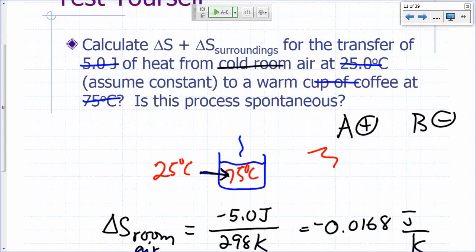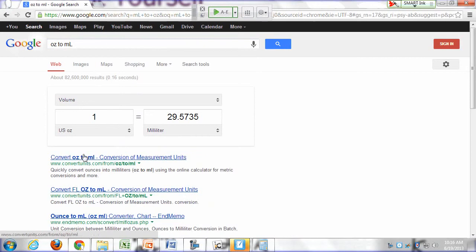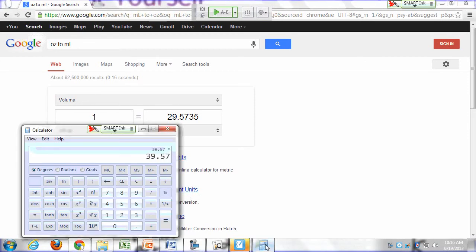So what's 12 ounces in milliliters? 1 ounce is about 30 milliliters. Let's see, 29.57 times 12 ounces, 355.